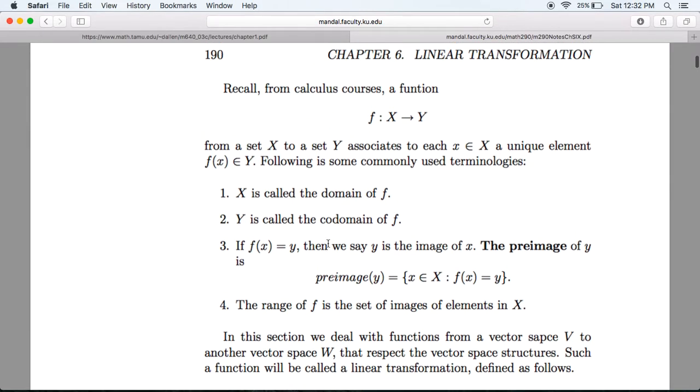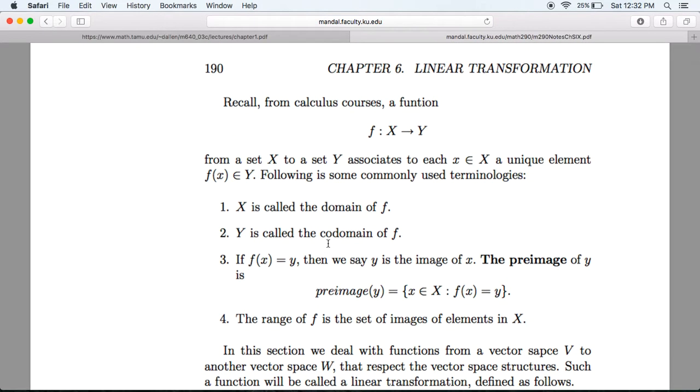Before that, let us recall what functions are. In high school, we have studied what functions are.